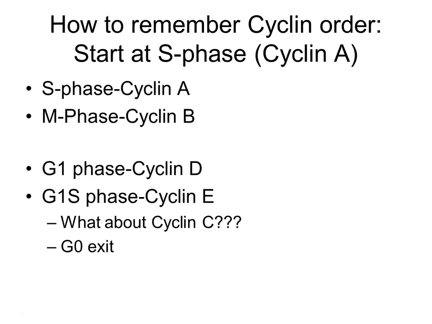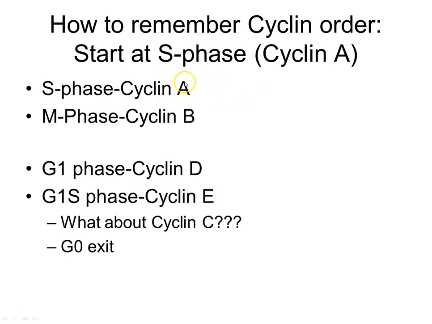If you're struggling to remember the order of the cyclins, because it seems daft starting at cyclin D and then cyclin E, the way to remember it is that for some people, depending on which organism you work on, maybe the cell cycle starts at S phase, because that's the first time we can actually see things happening in the cell. So, when the cyclins were first discovered, they were discovered because the levels went up when DNA synthesis started.